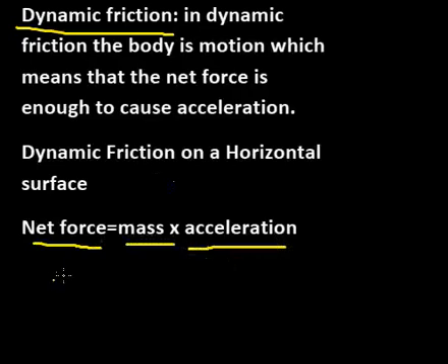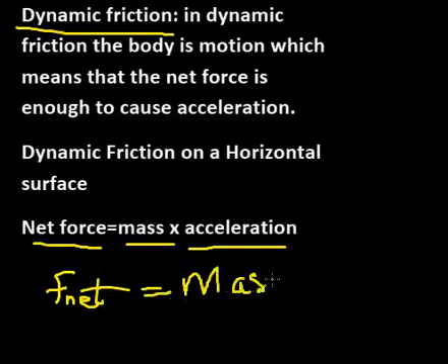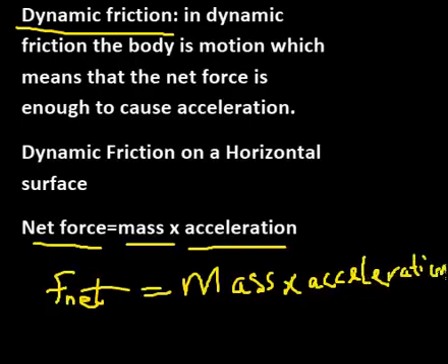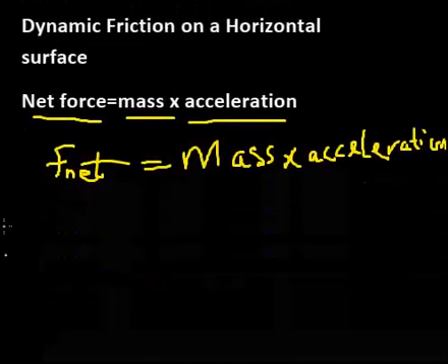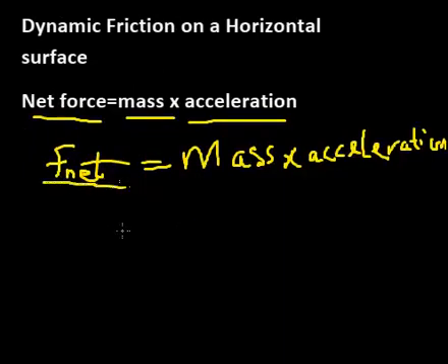All right, so you can just do this. F net is equal to mass times acceleration. Okay, mass times acceleration. All right, so which simply means that you need to find the F net of that particular body.